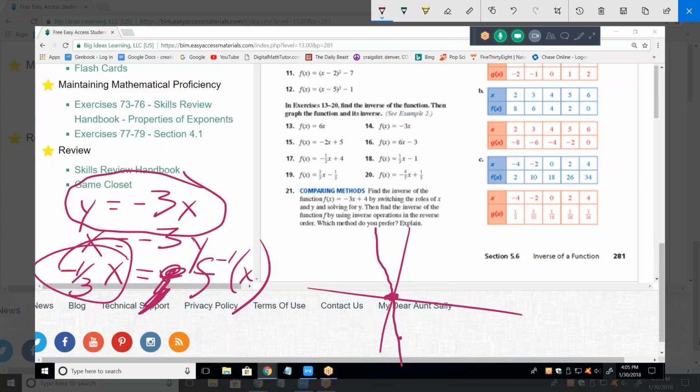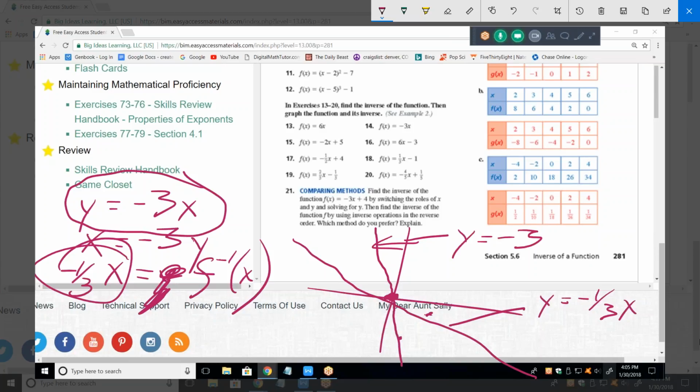Down 1, right 3. So this is y equals minus 1/3 x, and that is y equals minus 3x. And one is the inverse of the other.